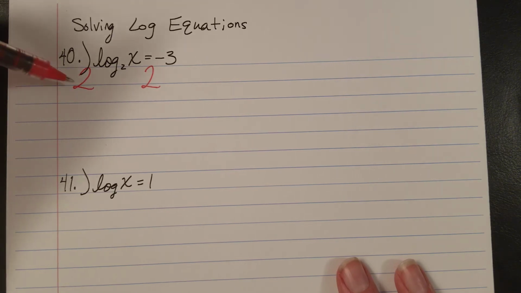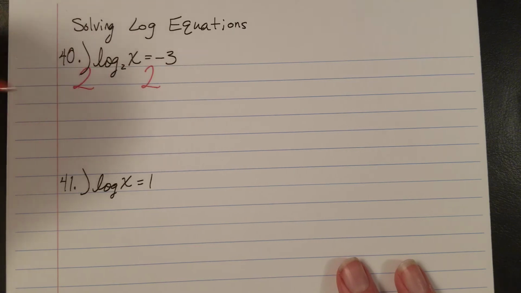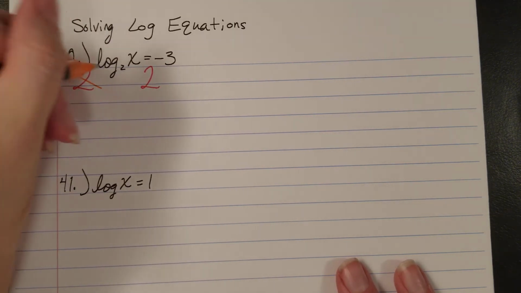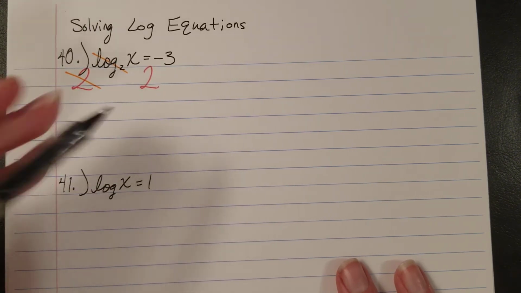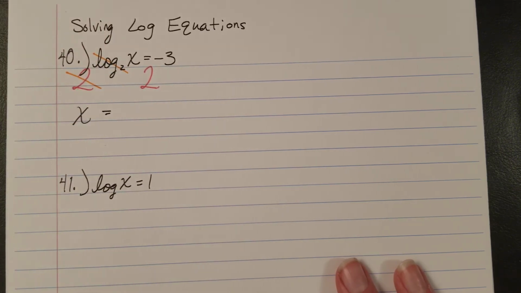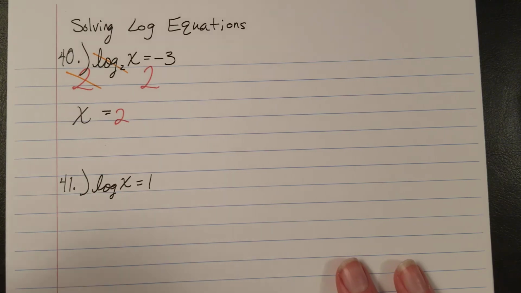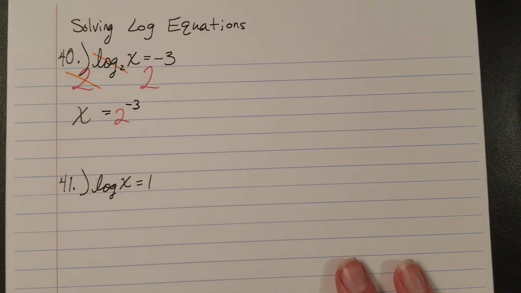So I'm now saying 2 to the power of log base 2 of x is equal to 2 to the power of negative 3. So then that allows me to cancel out this and this. Okay, and then I can bring that x down and I can say that x equals 2 to the power of negative 3.